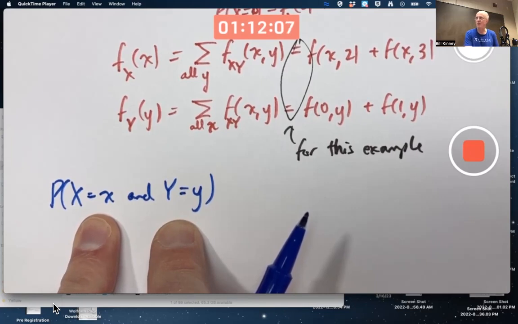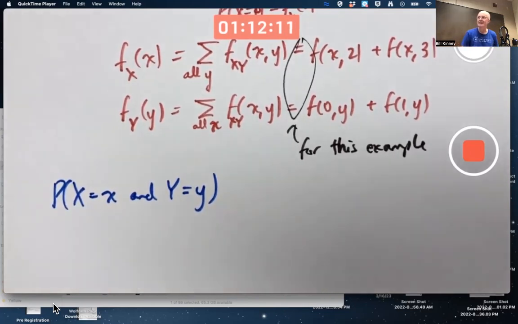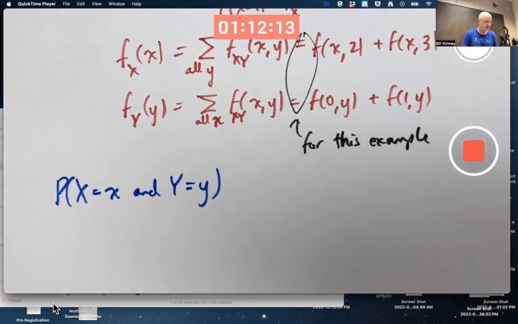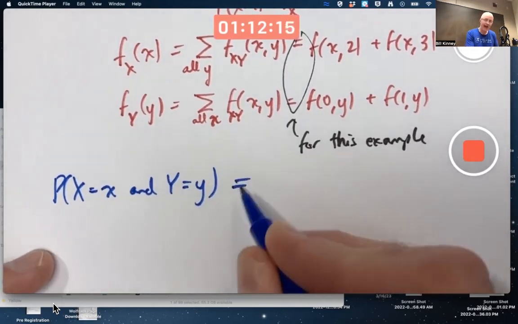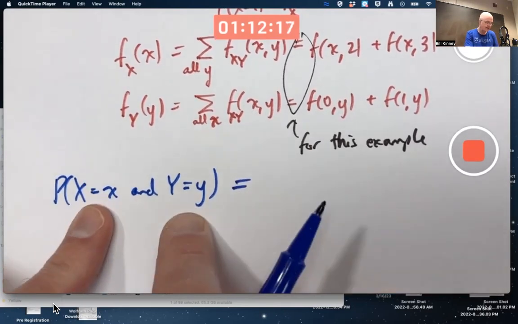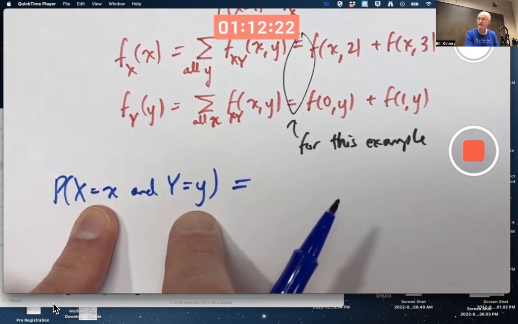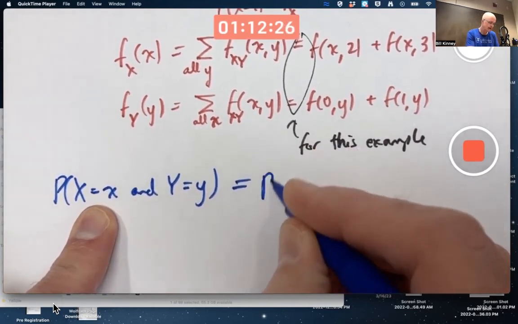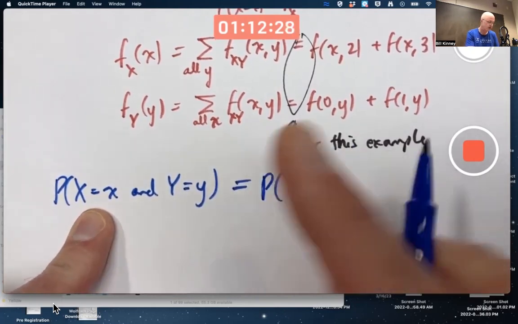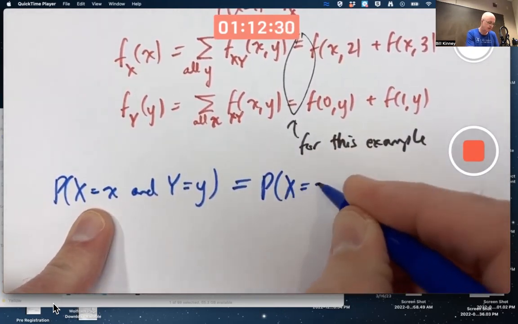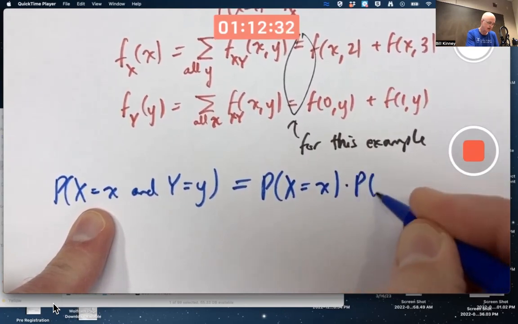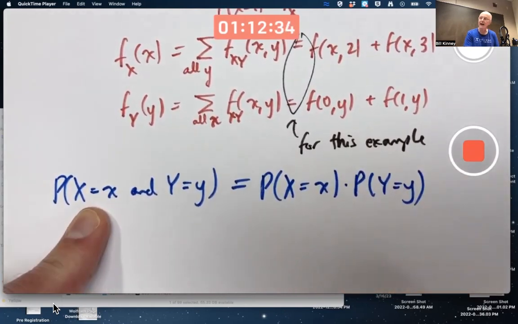If you want to be real precise about what the events are, it gets complicated. So we're being a little bit hand-wavy here in terms of our notation. But effectively, if these two events, x equaling little x and y equaling little y, are independent, then we know from the multiplication rule for independent events that this probability should be the product of two probabilities like that.